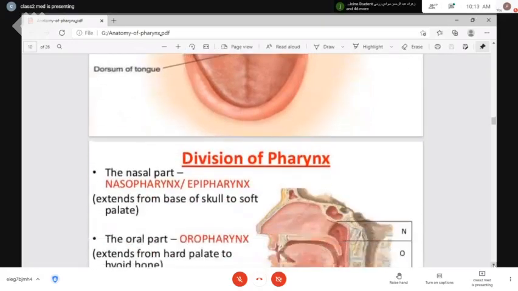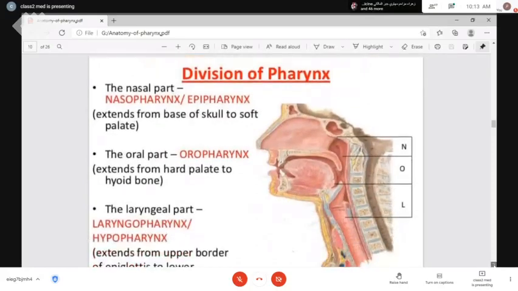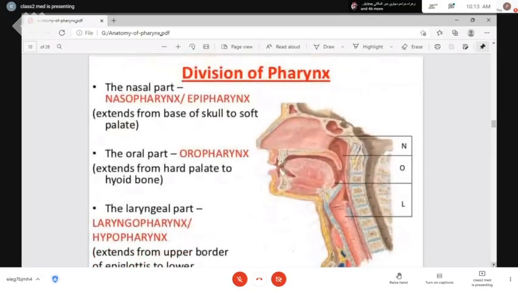Division of the pharynx. Because there are three connections to the other structures below, I mean the nose, the mouth, and the larynx, it is divided into three parts. First, the nasopharynx, also called the epipharynx, which extends from the base of the skull to the soft palate.